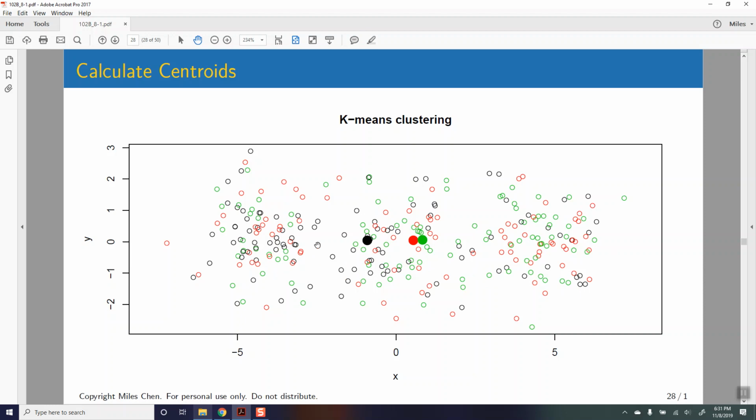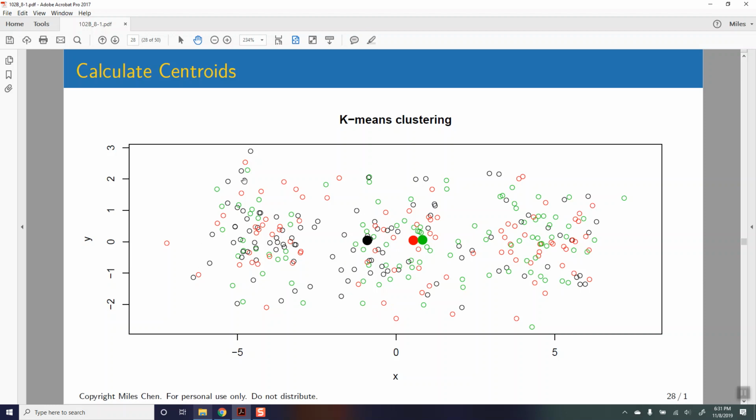The mean of the red dots is right here, and the mean of the green dots is right here. Because it's random, we would have expected the 3 means to be very close to each other. Red and green are very close to each other, but the black one, it doesn't even matter.